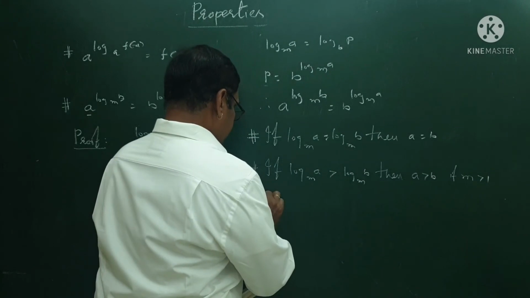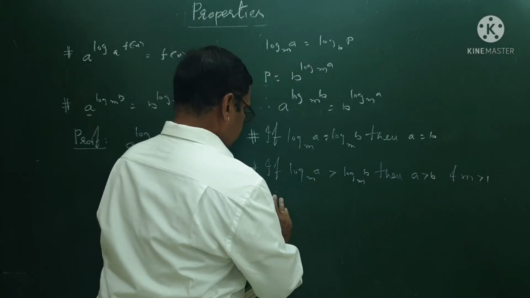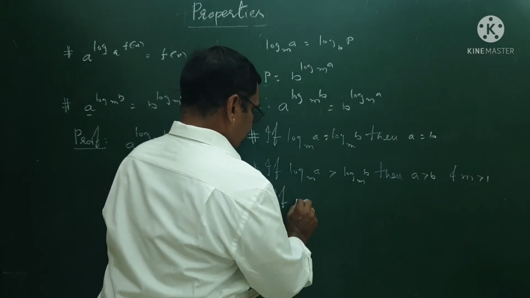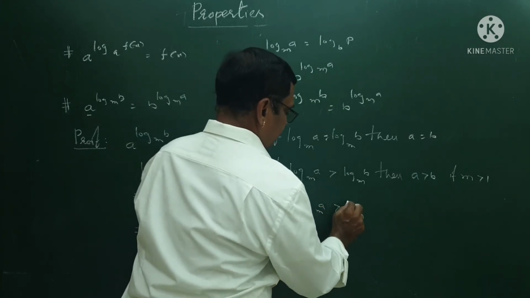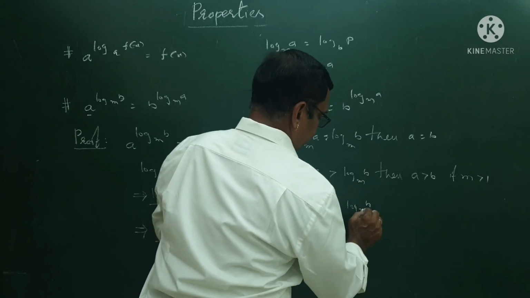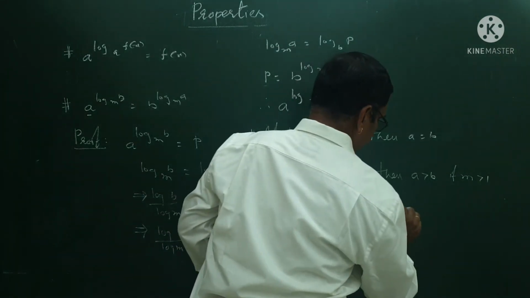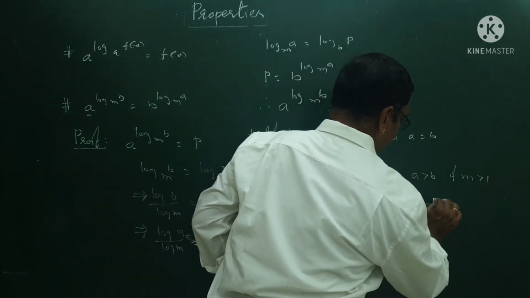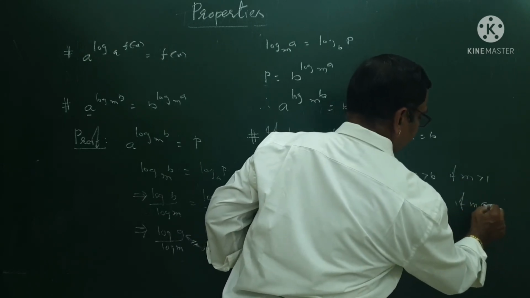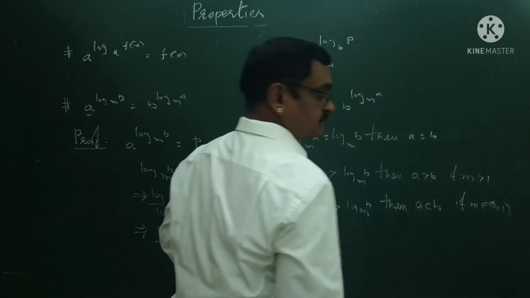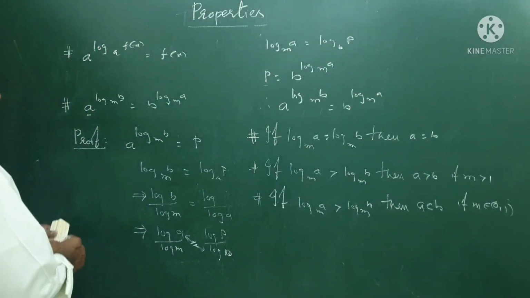Now the same inequality, if log a base m is greater than log b base m, then a will be less than b if m lies between 0 and 1. Please note that.